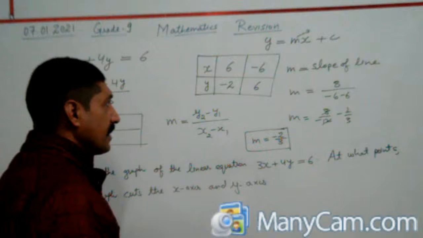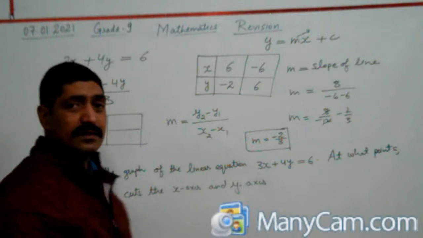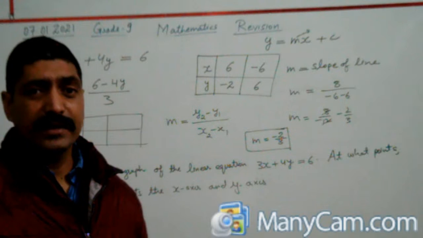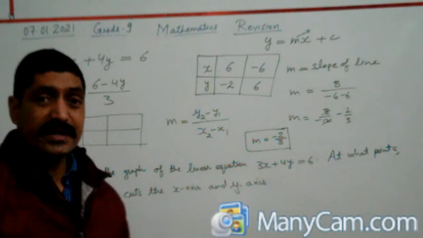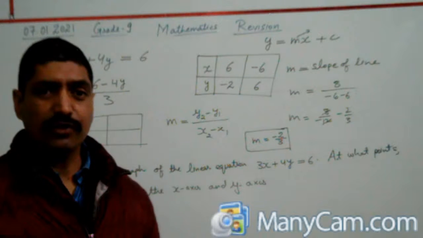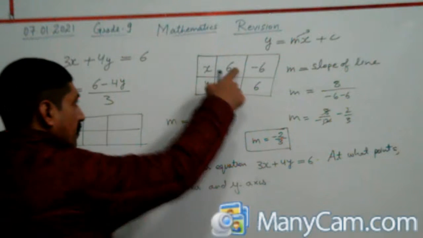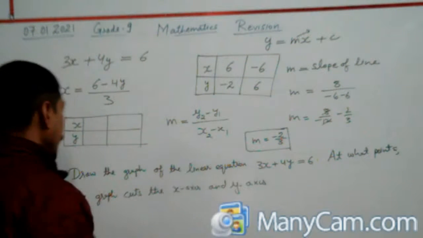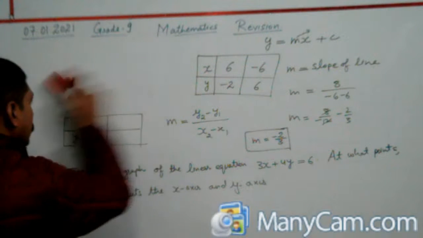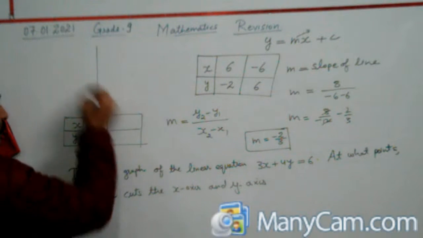And what is c? c is where the line intersects the y-axis, right? So we will plot these points on the graph here. We will plot these points.